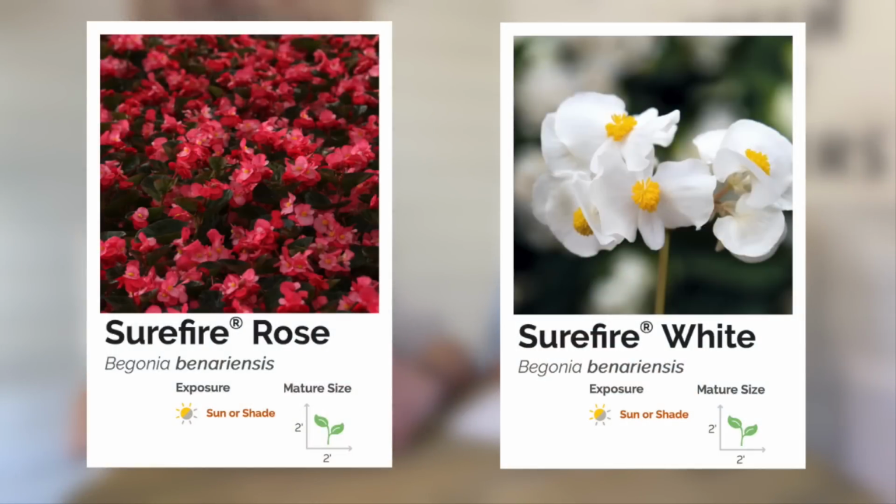One thing that I like to do is I like to just cheat and choose plants that can handle a whole bunch of different varieties of sun or shade. My favorite one that I talk about all the time is the Surefire Begonia. Surefire Rose is my favorite variety of the Surefire Begonia.